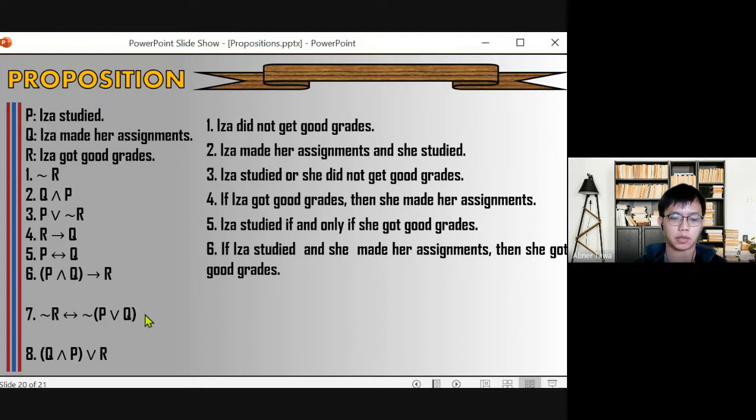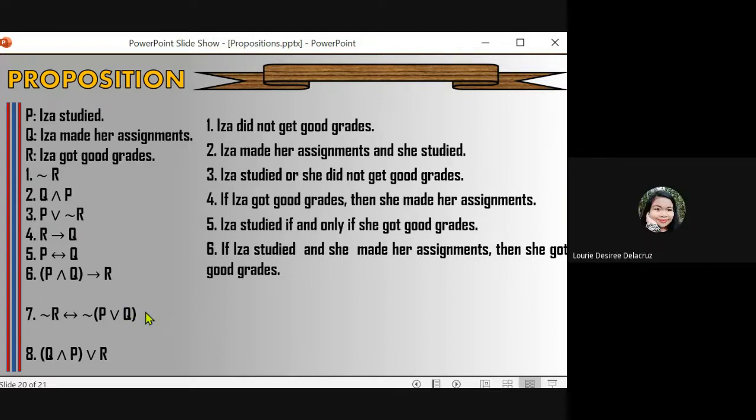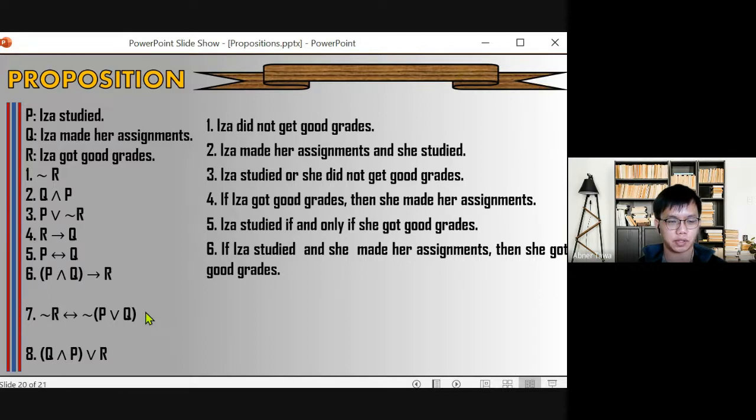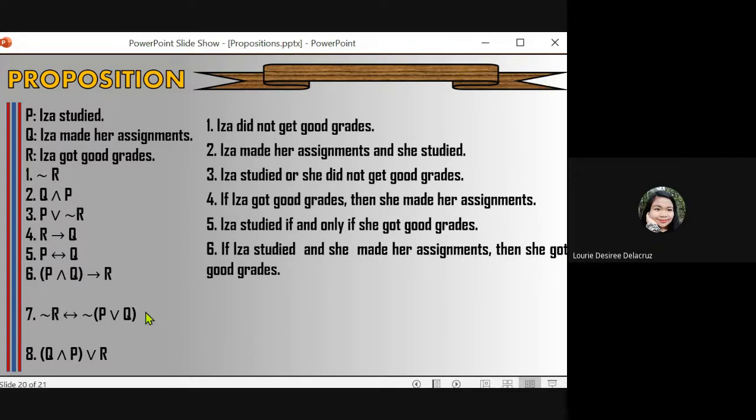Okay, Lori, how about number 7? Isa did not good grades. Wait lang.